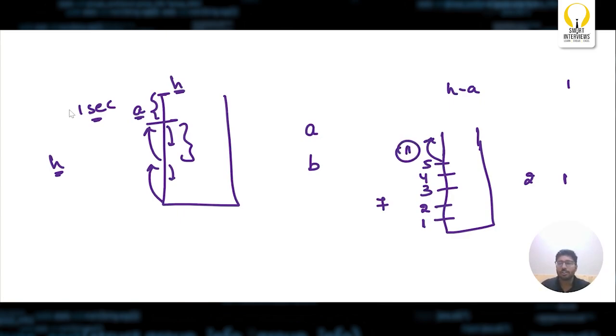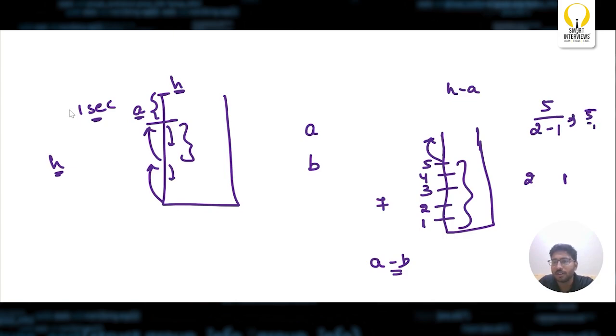So this is the 1 second that we are talking about. Now we have to find out the time taken for these many steps. We know that the effective step is A minus B, because it is going A steps up and coming down by B steps. And for climbing a height of 5, we can simply calculate 5 by (2 minus 1), which is 5 by 1, and it is nothing but 5.